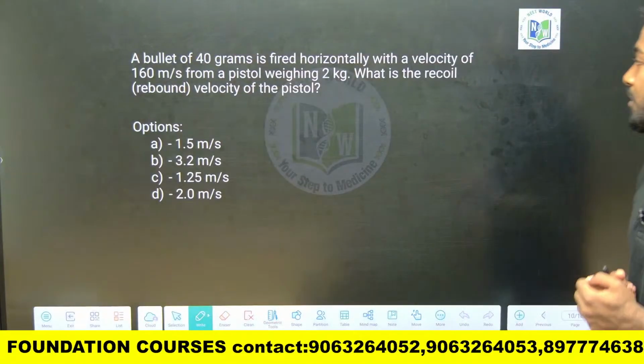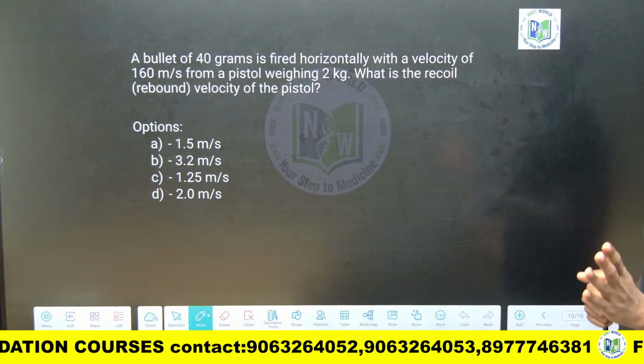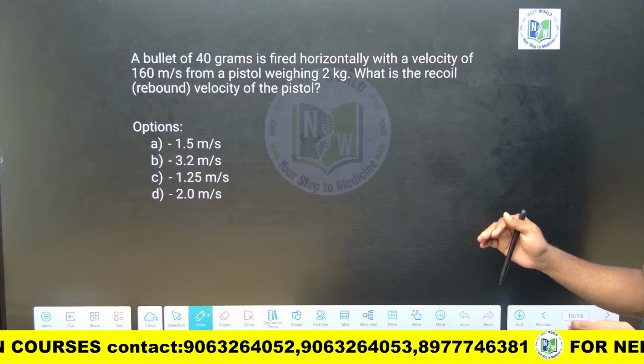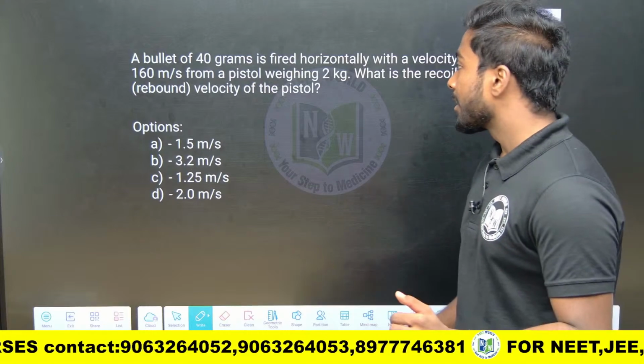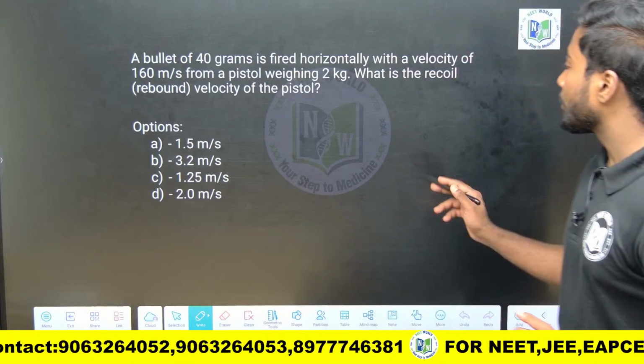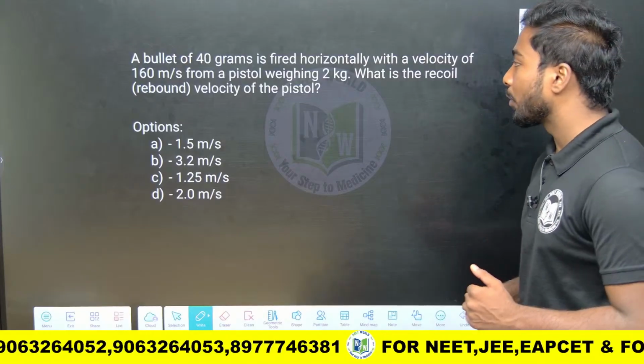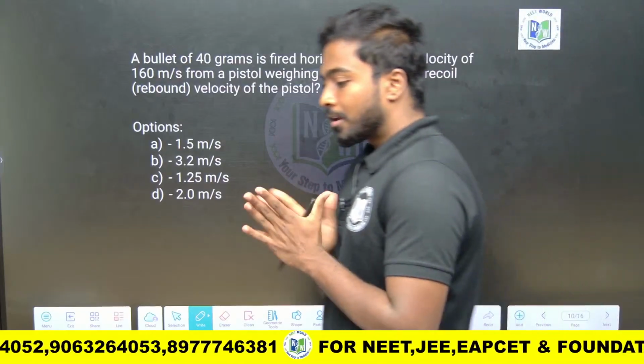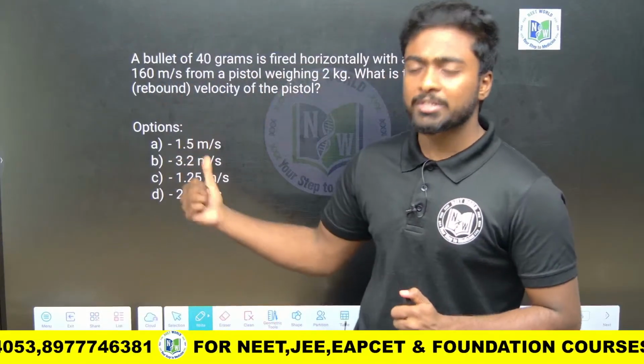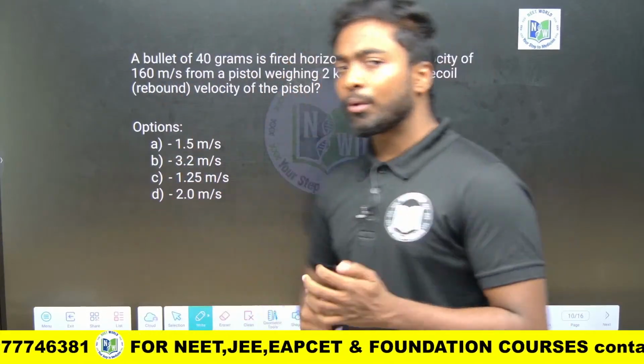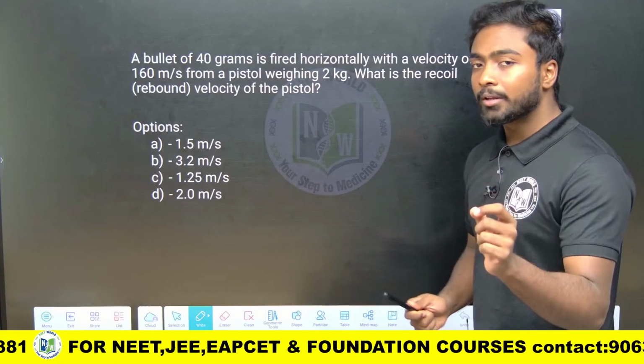Here is the first question, guys. A bullet of 40 gram is fired horizontally with a velocity of 160 meter per second from a pistol weighing 2 kg. What is the recoil velocity of the pistol? Simple, guys. We have discussed angular momentum, right? It's a question based on linear momentum.